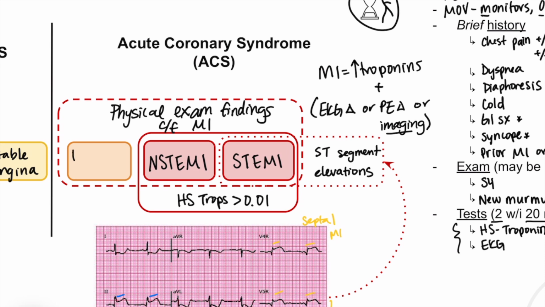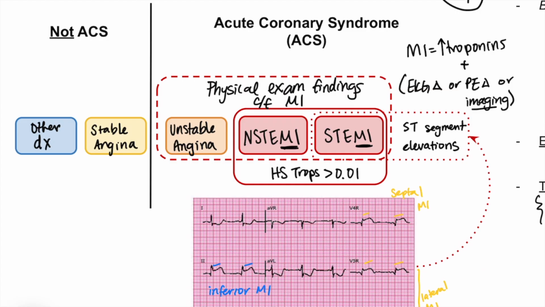Well, that would be unstable angina, which is still considered part of the acute coronary syndrome grouping, but because there is no myocardial injury, we don't see elevated troponins and we don't call this a myocardial infarction. It could happen because patients have musculoskeletal pain that is reproducible with external pressure and having nothing to do with the intrathoracic cavity.